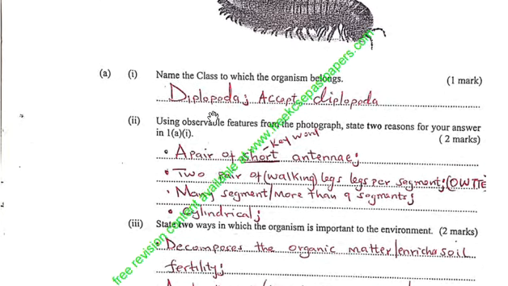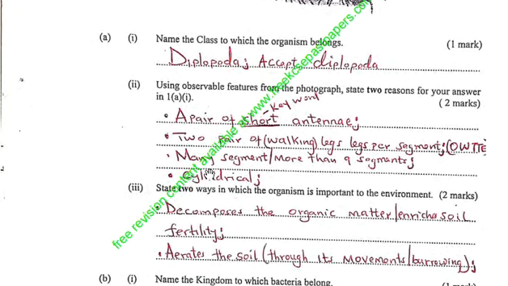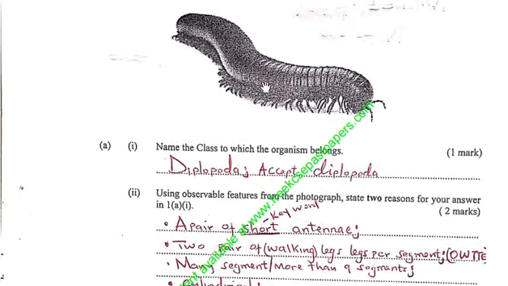Then presence of 2 pairs of walking legs per segment. Then it has very many segments, or more than 9 segments. Then it is cylindrical in shape.